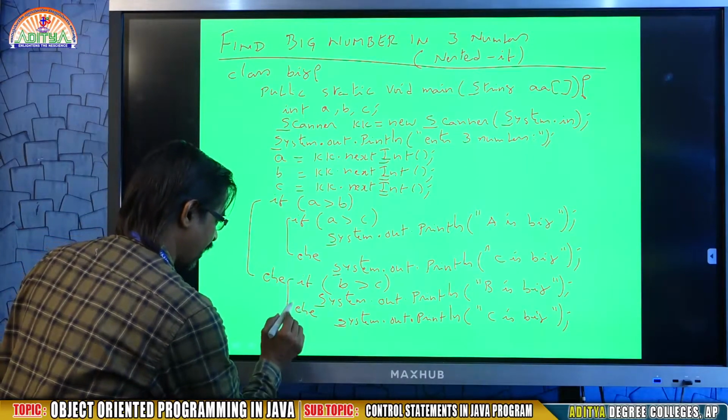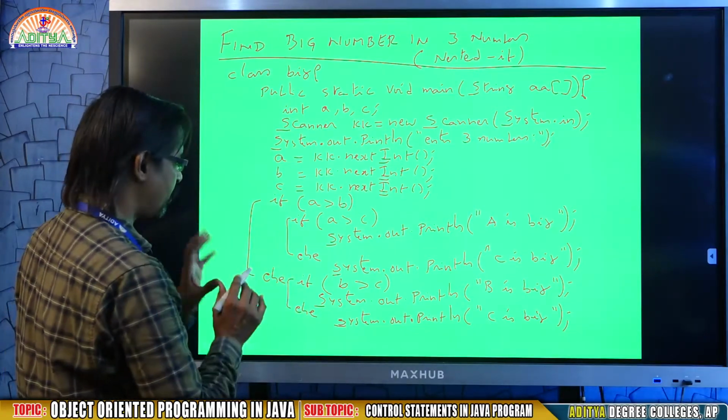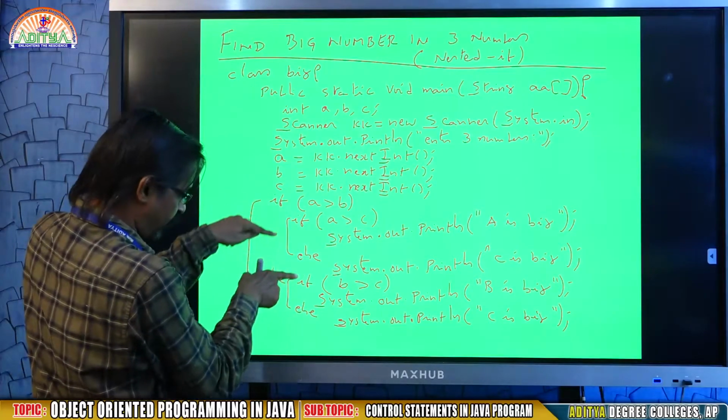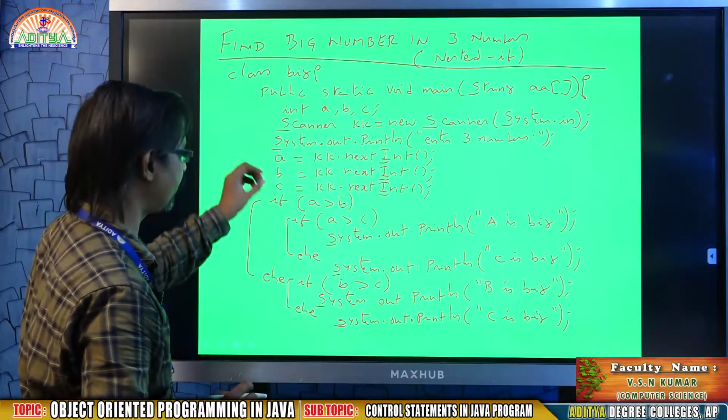For this if, this is else. Okay. So here in my program, between if and else there is another if. Again in the else, there is another if. This is called the pure example of nested if.